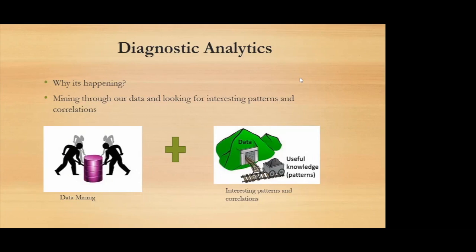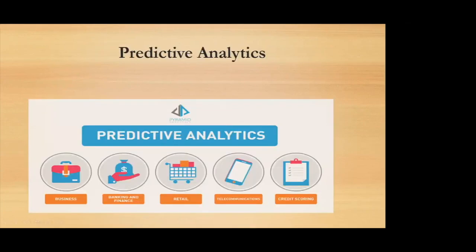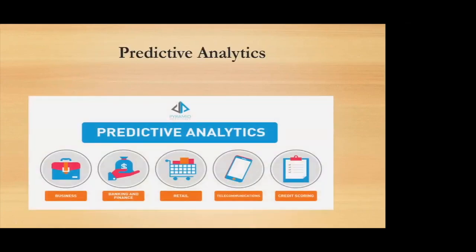So the previous one, descriptive, says what has happened in the past, and diagnostic analytics says why it has happened. Next we'll move on to predictive analytics. This is a very, very important one, which we always do with data modeling.